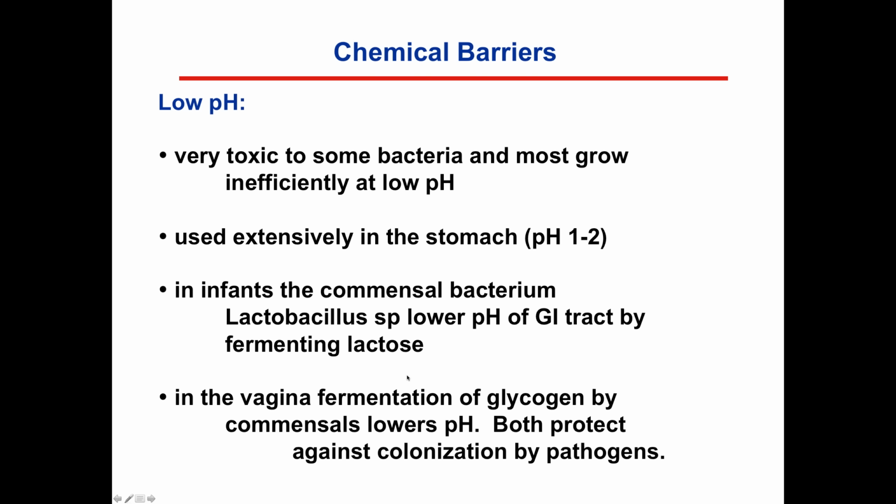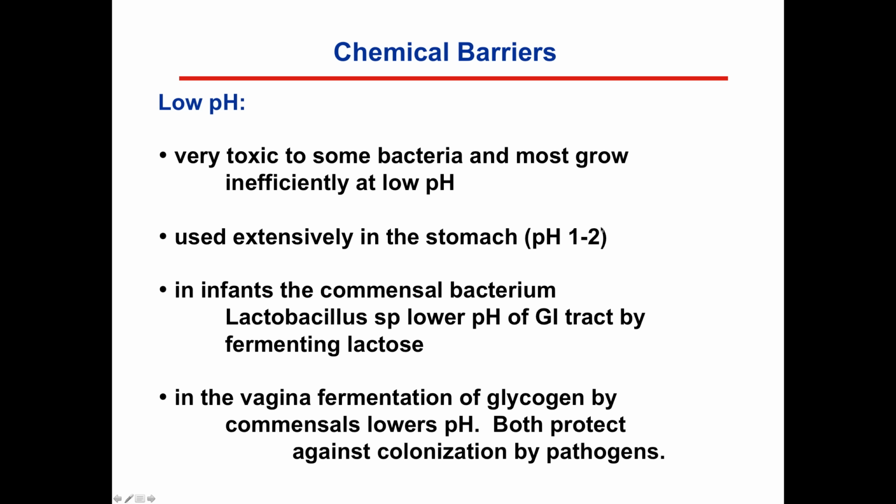So another area is low pH. Low pH is very toxic to some bacteria, and most grow very inefficiently at low pH, and they can't really stand it. So in your stomach, for example, the pH is around 2, and when you have a meal, it drops to about pH 1.